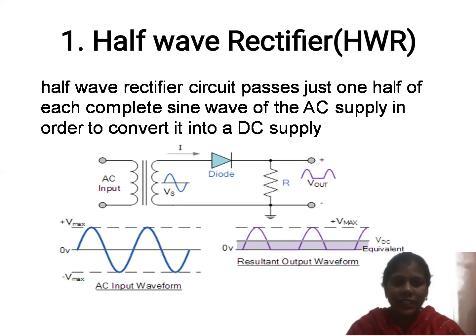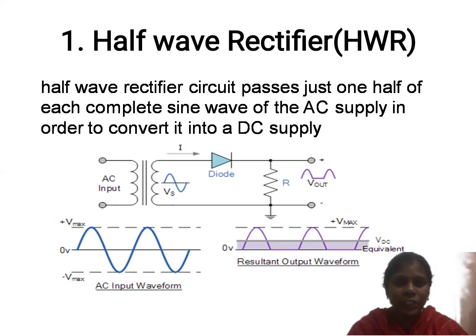For example, consider the input signal having a positive cycle and a negative cycle. We will see the operation during the positive cycle. During the positive cycle, the diode D has anode and cathode terminals. The anode terminal is supplied with a positive voltage and the cathode terminal can be taken as the ground terminal.